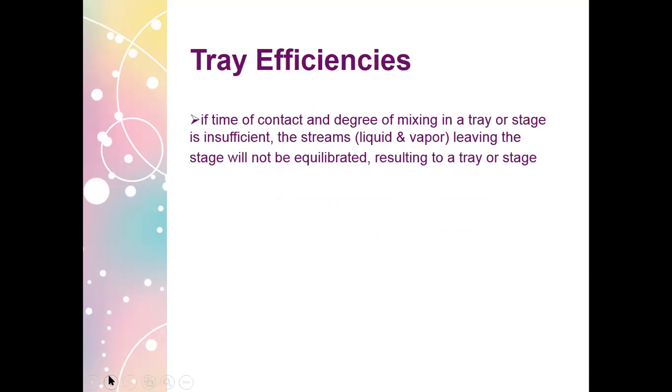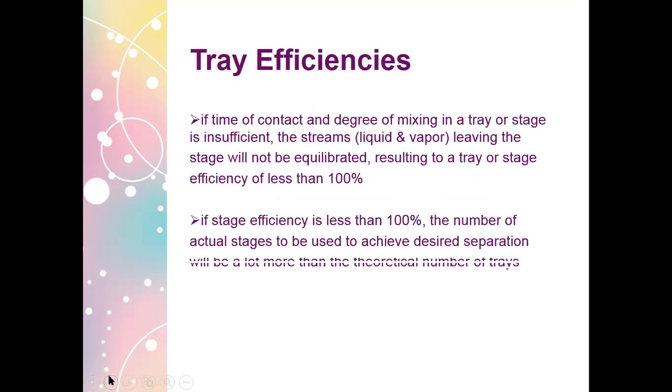Now, as for tray efficiencies, this also relies on the graphical approach if we are to determine this one. If the time of contact and degree of mixing in a tray or stage is insufficient, and this is always the case, because there's no such thing as a stage or tray that is working at 100% efficiency, the streams, liquid and vapor leaving the stage will not be equilibrated, resulting in a tray or stage whose efficiency is less than 100%.